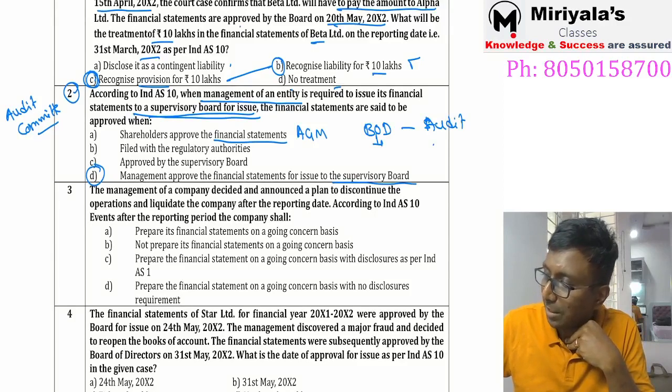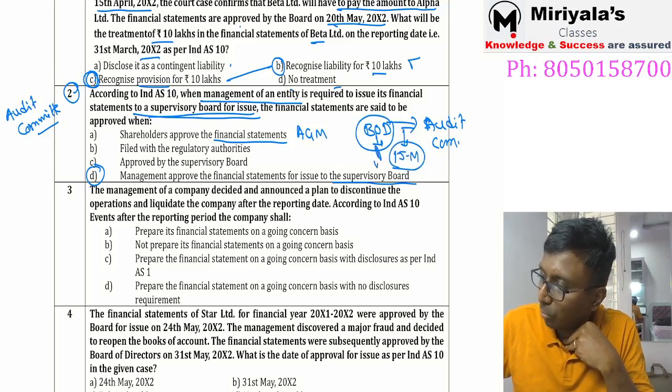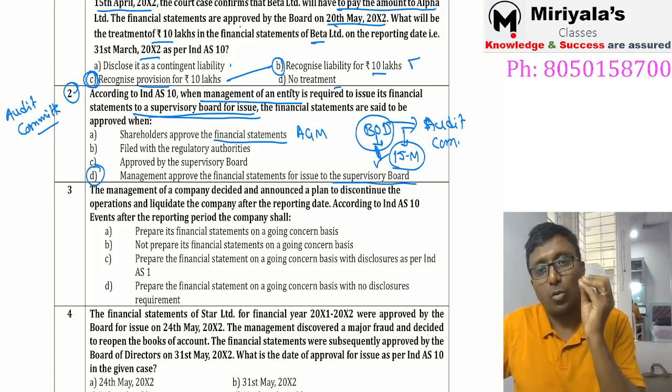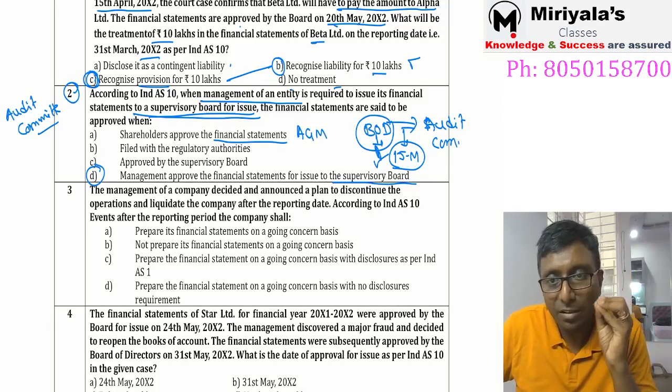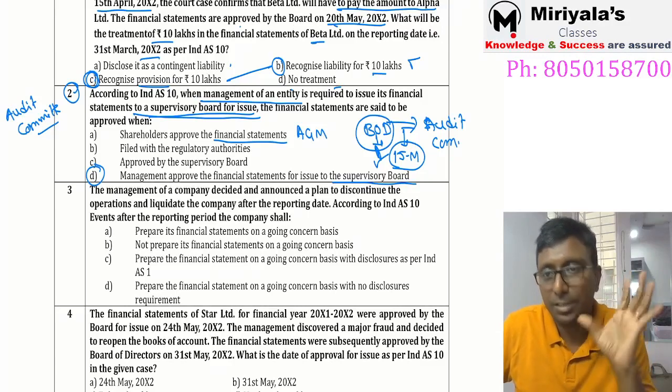Let us say you are issuing on 15th May, then 15th May is the board of directors' approval date. So whatever transactions happened till 15th May, you are supposed to consider. Is it clear?